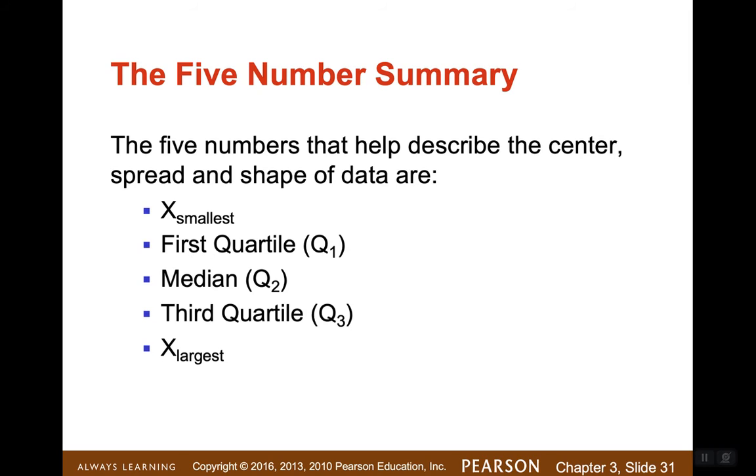We calculate our first quartile, which is 25%, with 75% greater. We do the median, which is the midway point, 50%, 50%. The third quartile is the remaining 25% above the first 75%. If we calculate these numbers, this gives us what we call the 5-number summary.